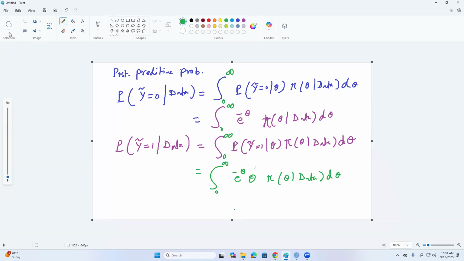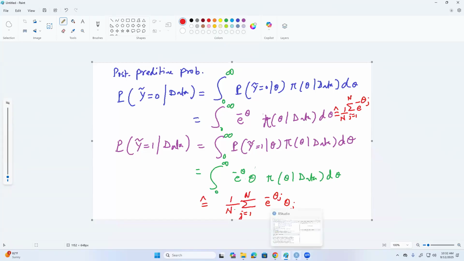So this will be, for example, estimated by 1 over n, sum over j equal to 1 to n of e to the power minus theta j times theta j, where the theta j's are coming from this posterior distribution. Likewise, here it is estimated by 1 over n sum of theta j, so on and so forth.